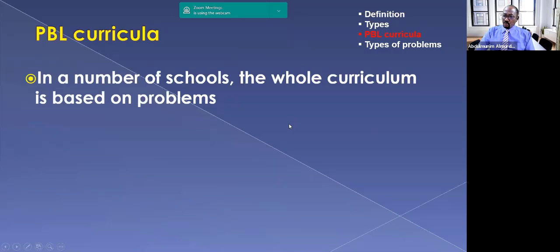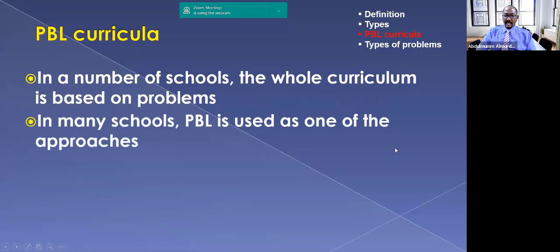So in a number of schools, the whole curriculum is based on problems: Maastricht, McMaster, Suez Canal, University of Jazeera, Arabian Gulf University. Here in Saudi Arabia, because Suleiman and Rajhi are using the curriculum of Maastricht, the whole curriculum is based on problems. Now, in many schools, PBL is used as one of the approaches. So it's not necessarily the whole curriculum.